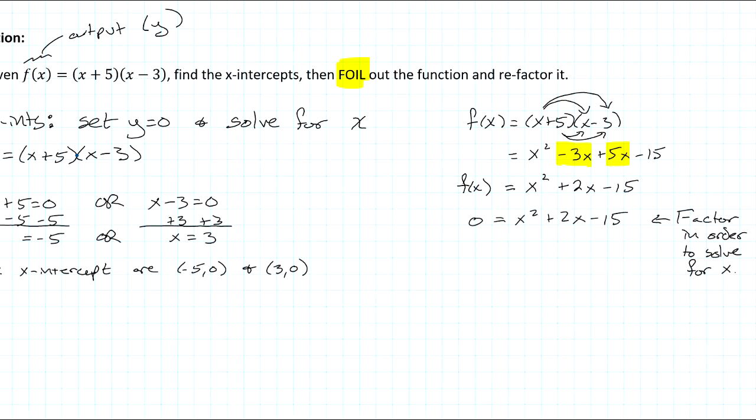How would we refactor this? So I said a second ago that we really wanted to pay attention to this minus 3x and the plus 5x. So what we're going to do is take the negative 15. So step 1, take the c value and create a factor tree.